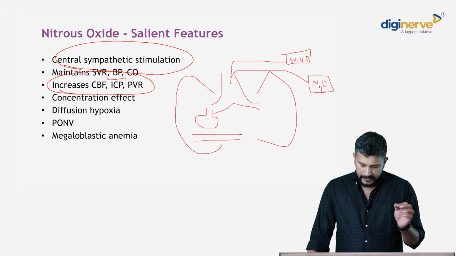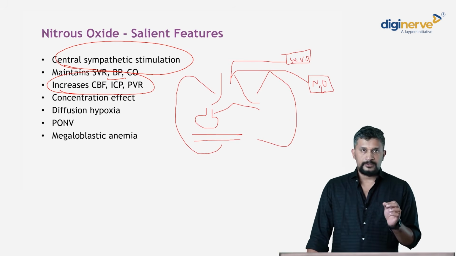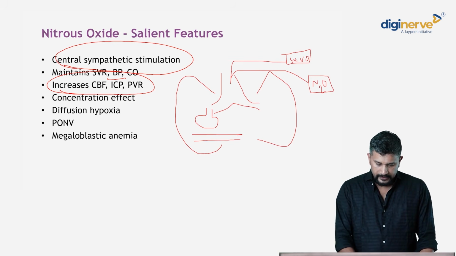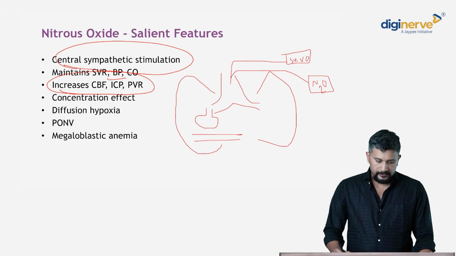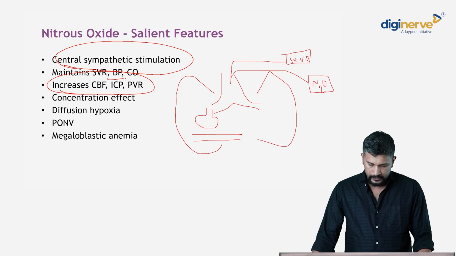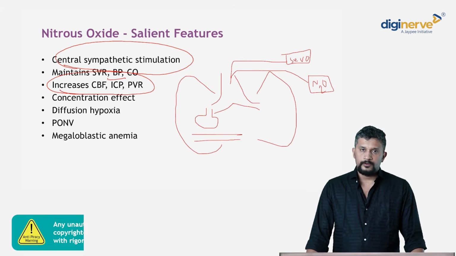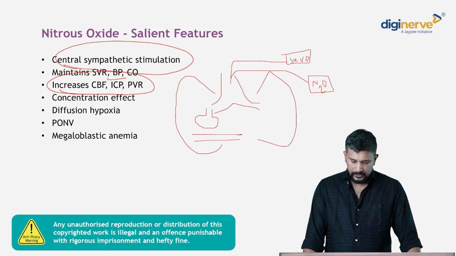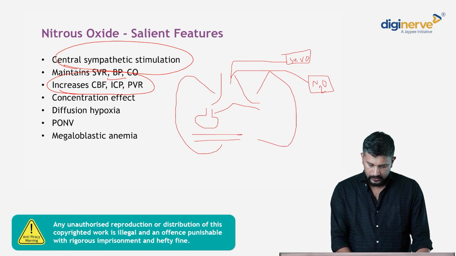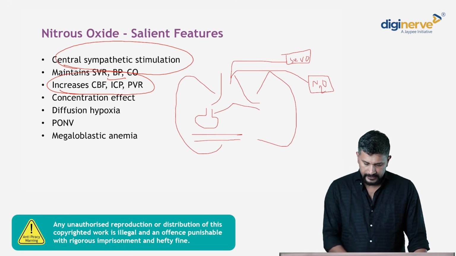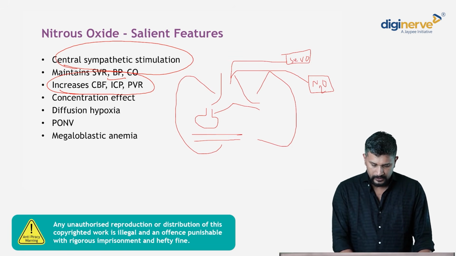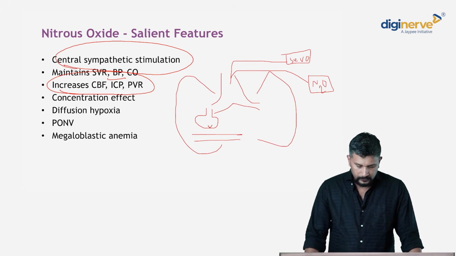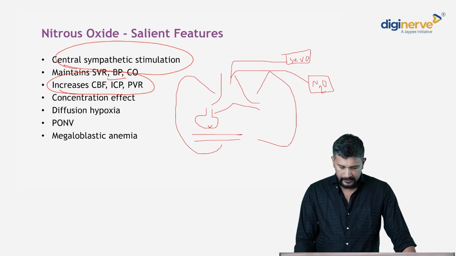Something which is very interesting when it comes to nitrous oxide: like we discussed earlier, it is often administered as an adjunct to other volatile anesthetic agents, so it is commonly delivered with a second gas. So what happens when you administer nitrous oxide? It diffuses down into the alveolus, and from there it is taken up more rapidly into the blood.